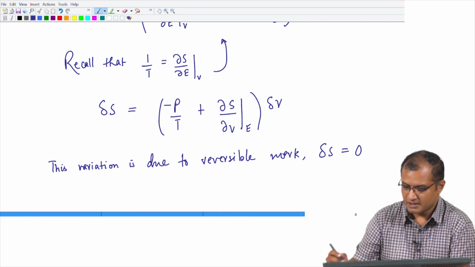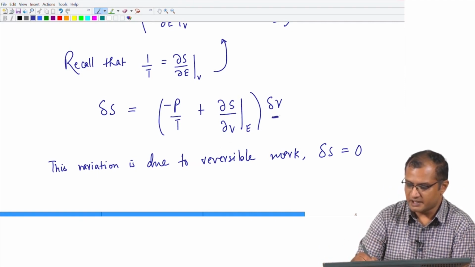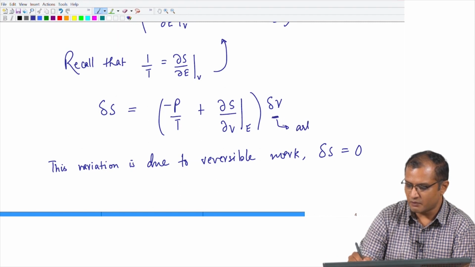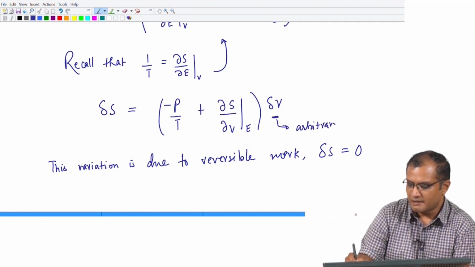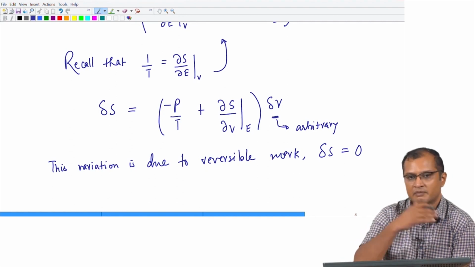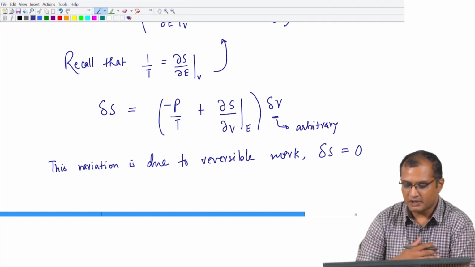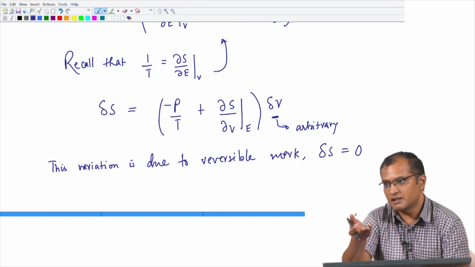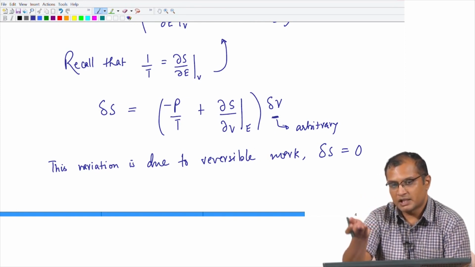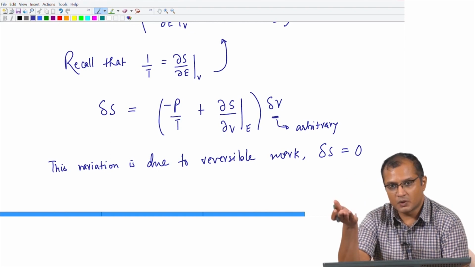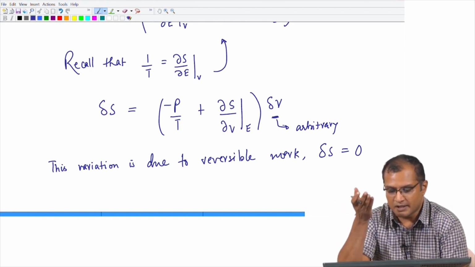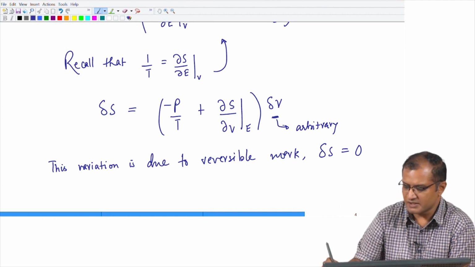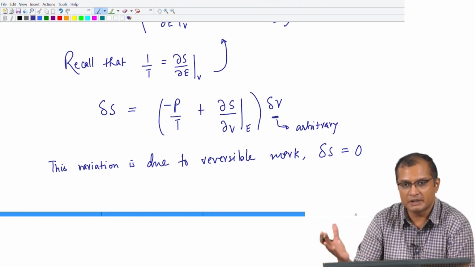That means for any arbitrary delta V that I take, this variation in volume is arbitrary. I could have taken the change in volume as per my liking, but for any arbitrary volume displacement such that the work done is reversible, that should lead to 0 entropy change, and that is only possible if the prefactor here is 0, because delta V is not 0, it is arbitrary.